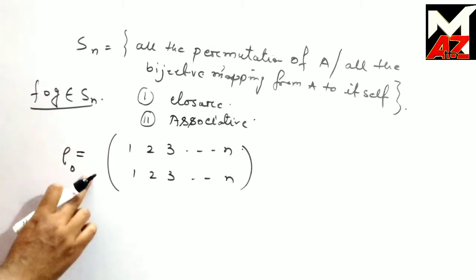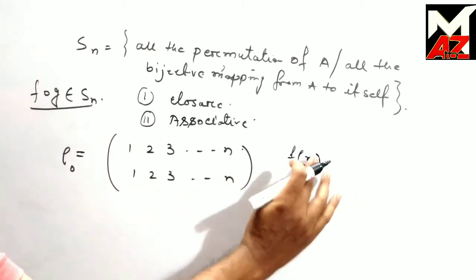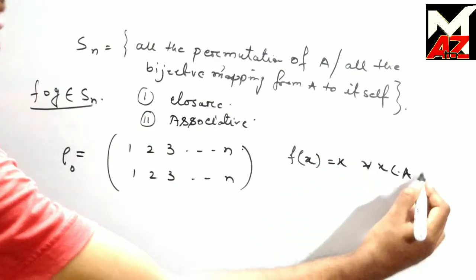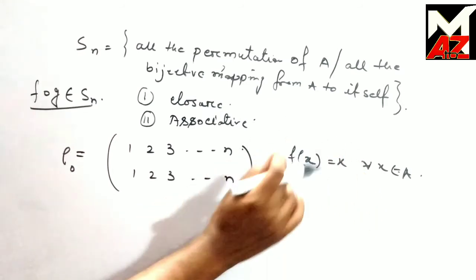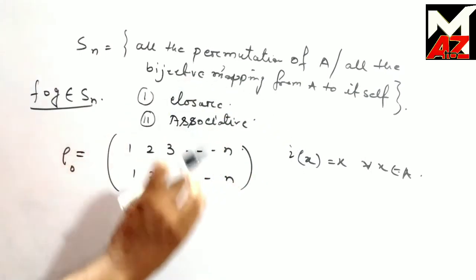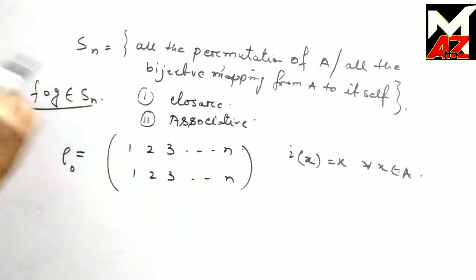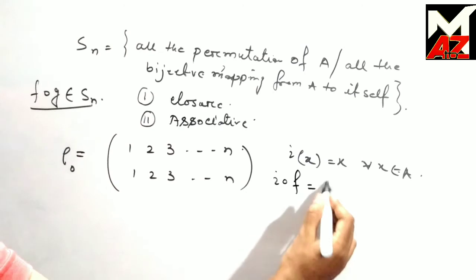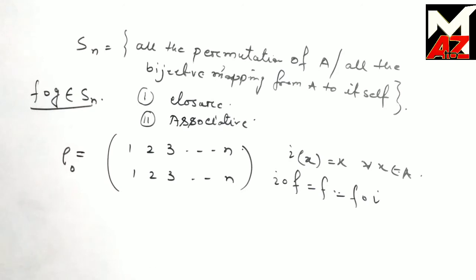And this bijective mapping is f of x equal to x for all x belonging to A. We name this as I. Clearly, if we compose I with any other mapping f, then I composition f is f, and f composition I is also f.